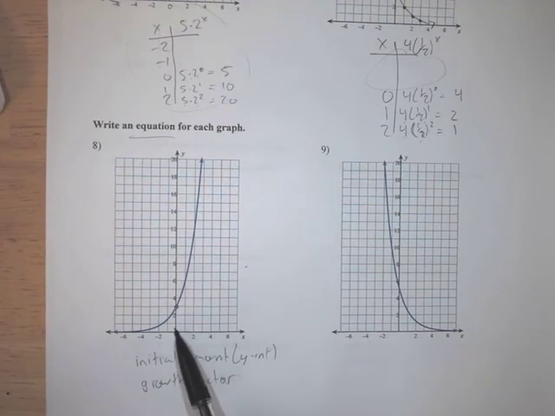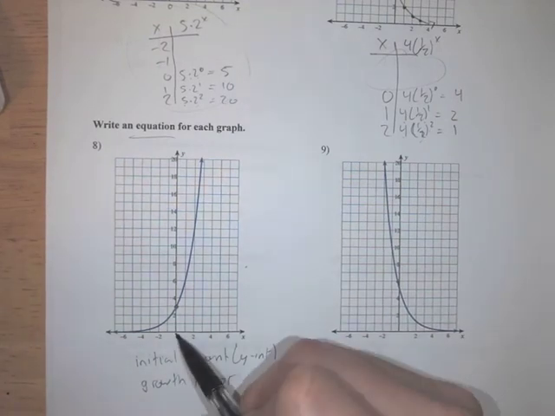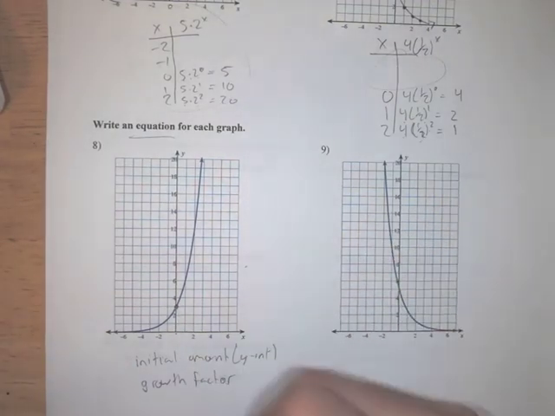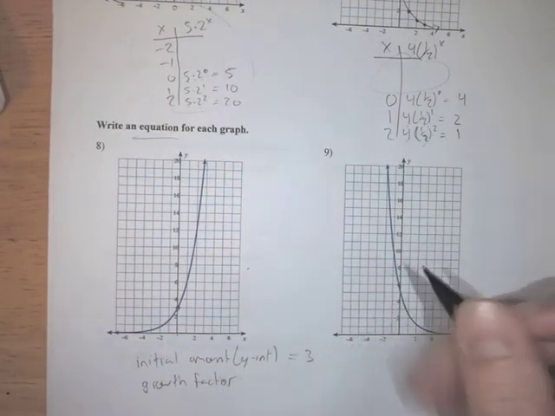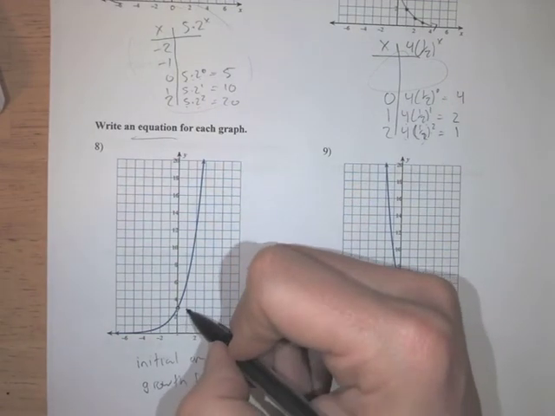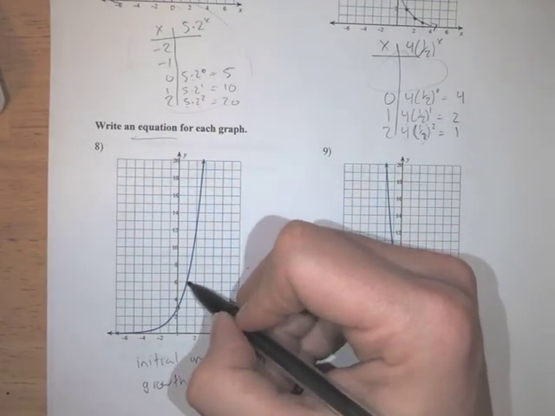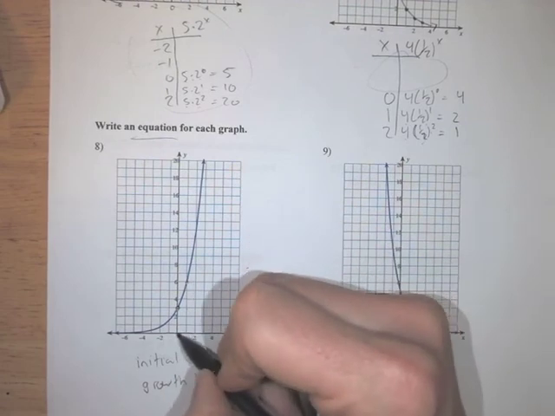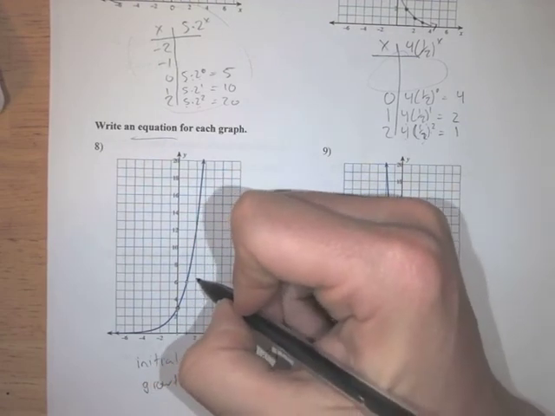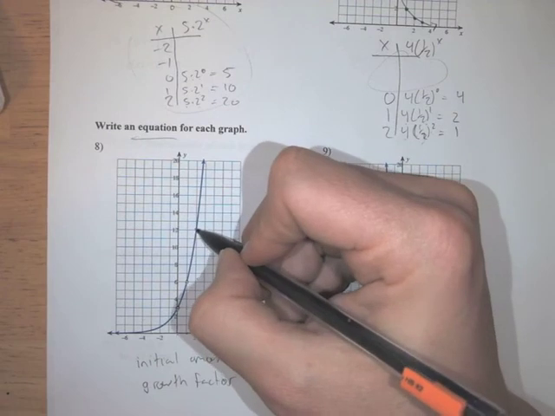So at 0 time, we can think of this as bacteria again if we wanted to. At time 0, we have 3 bacteria. Okay, so the initial amount is 3. Let's see what's happening. So when we go from here to here, we have 6 now. After 1 hour, we have 6 bacteria. After 2 hours, we're going to have 12 bacteria.